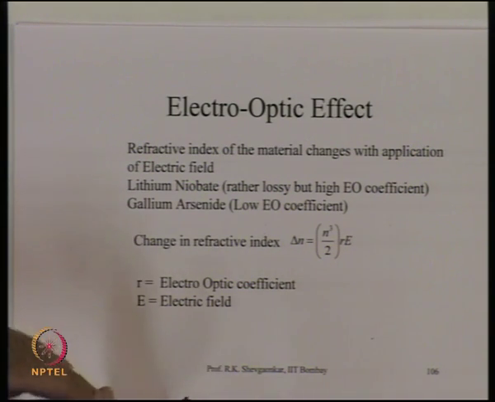This is also called the Pockels effect, where the refractive index changes proportionally to the electric field. By using this property, we can alter the characteristics of the light when it passes through this material.